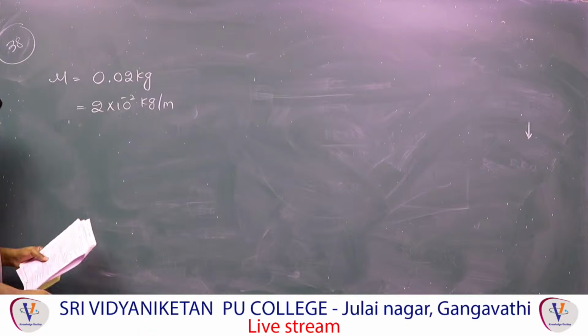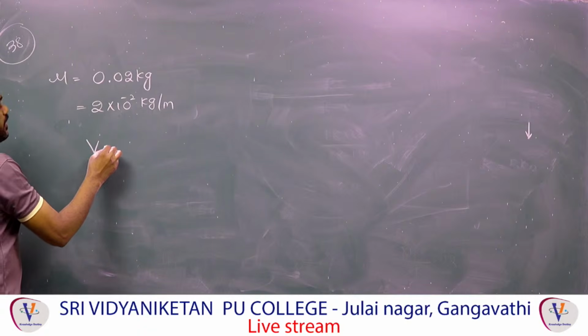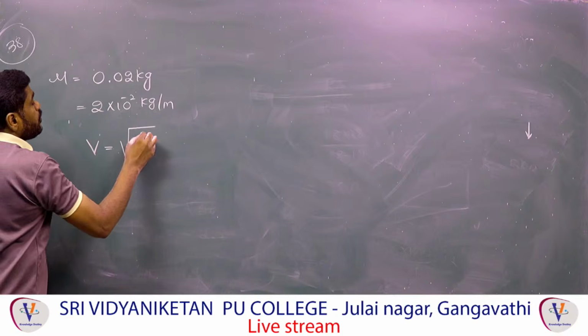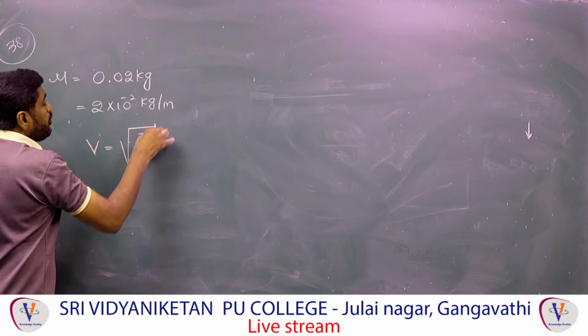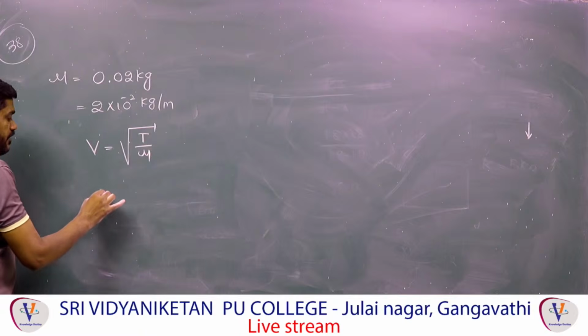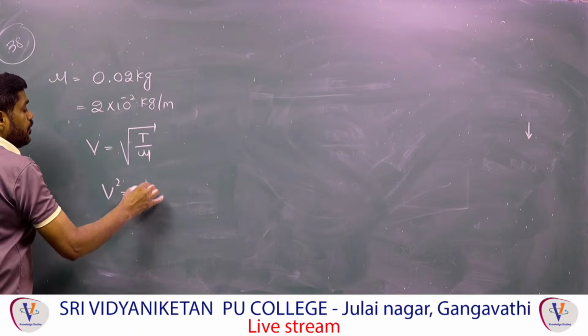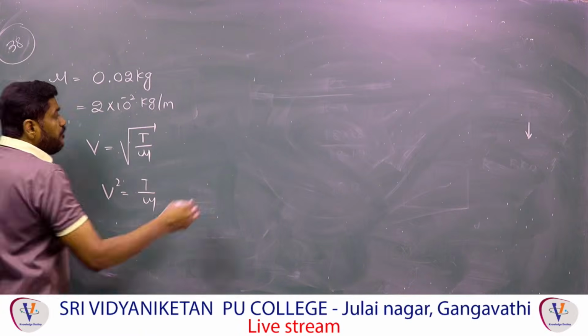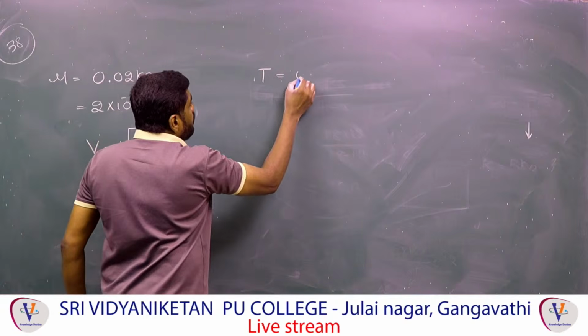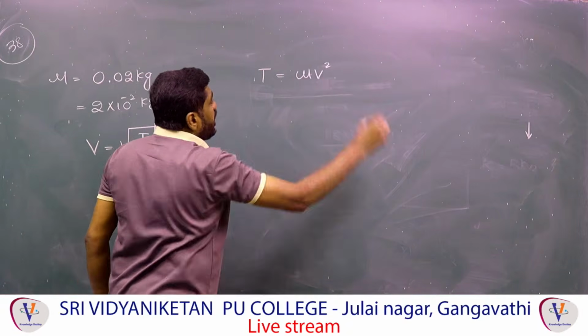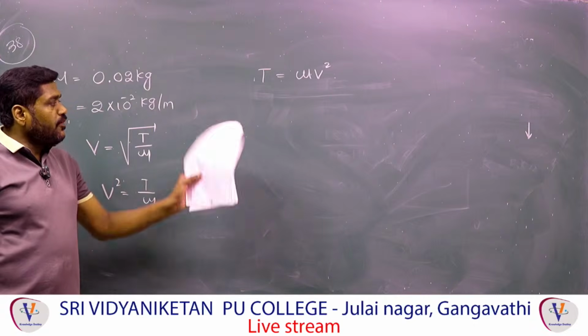Generally, they are asking tension. What is the relation on a stretched string? V is equal to root over T by mu. If you take the square on both sides, V square is equal to T by mu, and from this, tension in the wire is equal to mu V square. That is the formula for it.